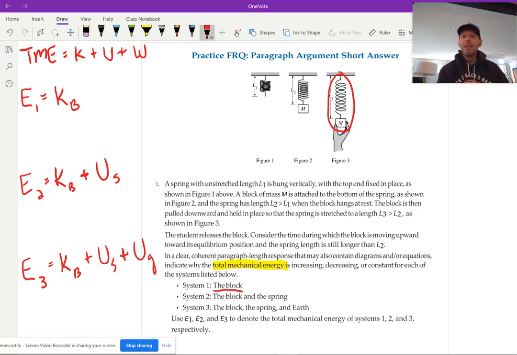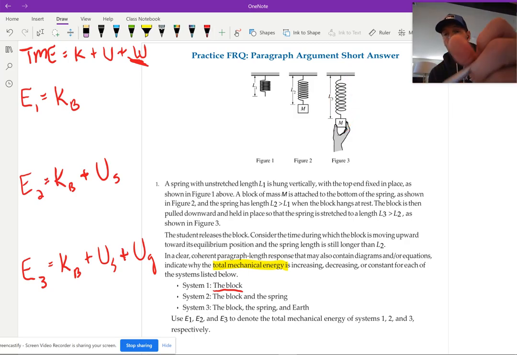So now we're moving on to trying to figure out increasing, decreasing, or constant. That's where this idea of work comes in. Work is caused by forces, outside forces on a system. So let's think about the first system as just the block. And remember, it's after the hand lets go. So we know the block is moving upwards. So there's an outside force from the spring and an outside force from the Earth.